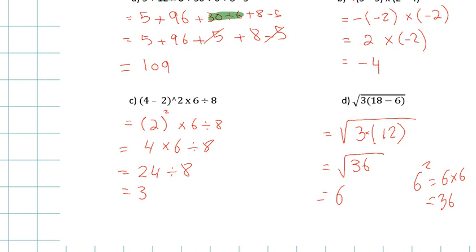It means you're looking for a number that multiplied by itself gives you 36. So the square root of 100 would be 10, because 10 squared is 100.